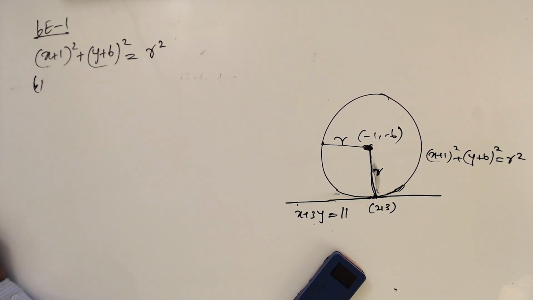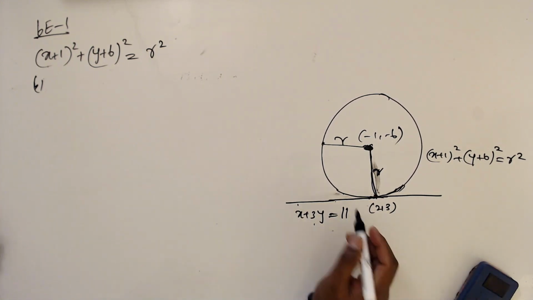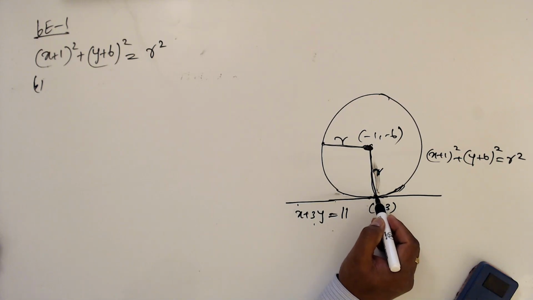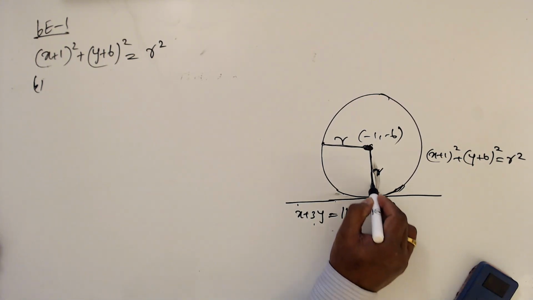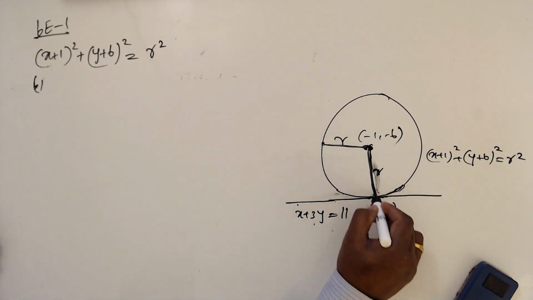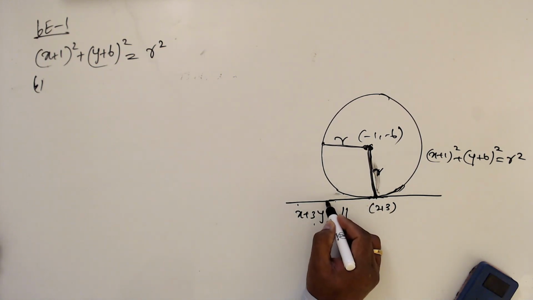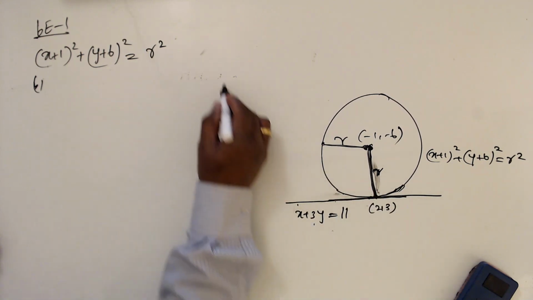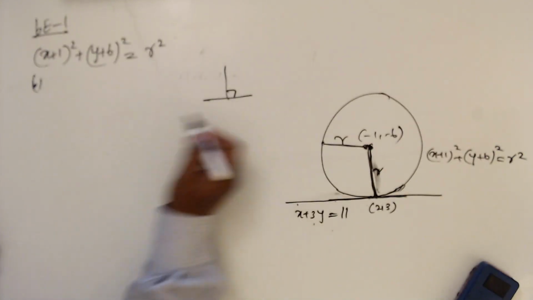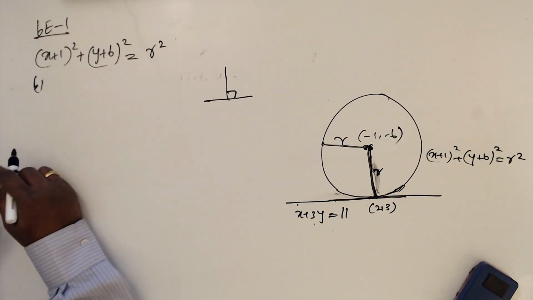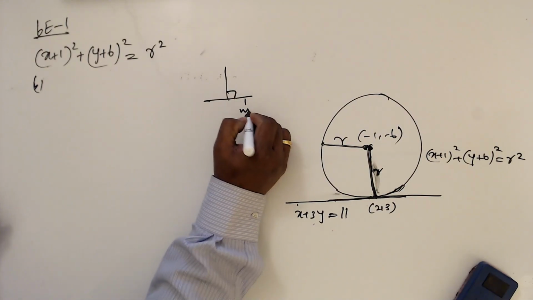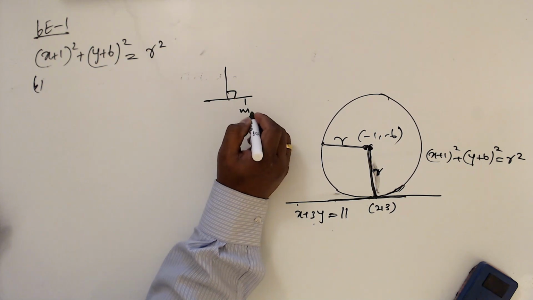Second one, part B. Show that the radius to (2, 3) is perpendicular to the line. So, not this radius, the radius to (2, 3). Okay, this is the radius. It is perpendicular to this line. It means two lines are perpendicular. How do you show that two lines are perpendicular? Through the gradients.